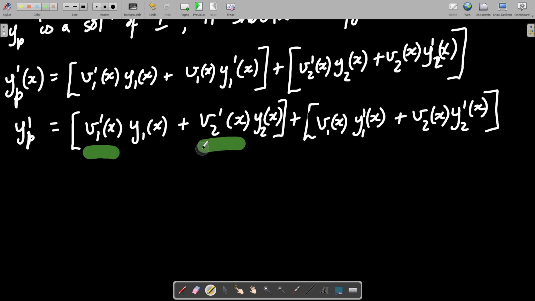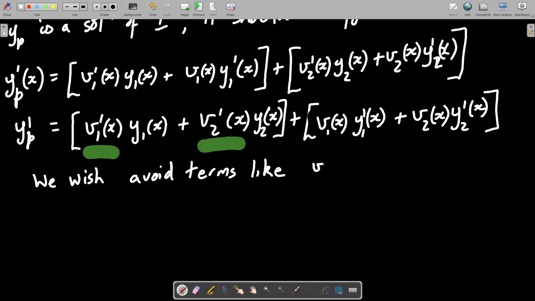But if I end up dealing with v1 and v2 double prime, it will be as good as solving another differential equation of second order, right? So we want to avoid that. We wish to avoid terms like v1 prime of x, v1 double prime of x and v2 double prime of x.